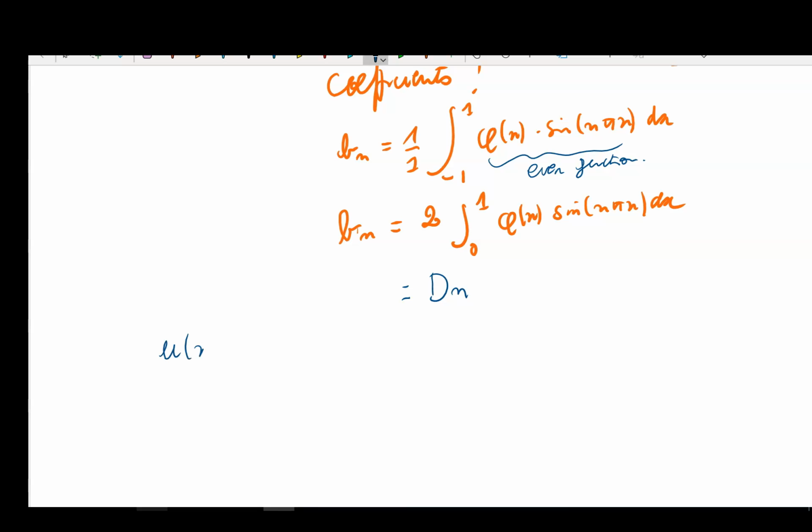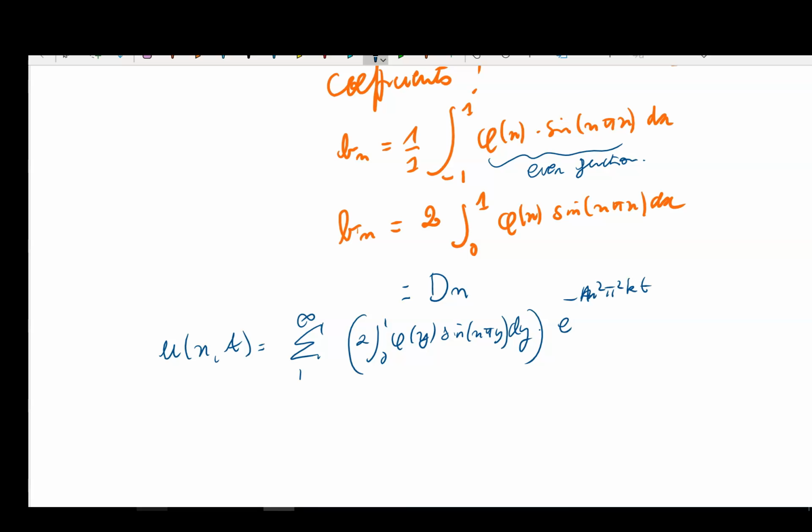So my u of x, t is going to be given by the sum from 1 to plus infinity, and here you have that Fourier series coefficient, 2 times the integral between 0 and 1 of phi of, let's not take x as a variable of integration, let's take y, phi of y sin(nπy) dy, times my exponential of minus n² π² kt times sin(nπx).